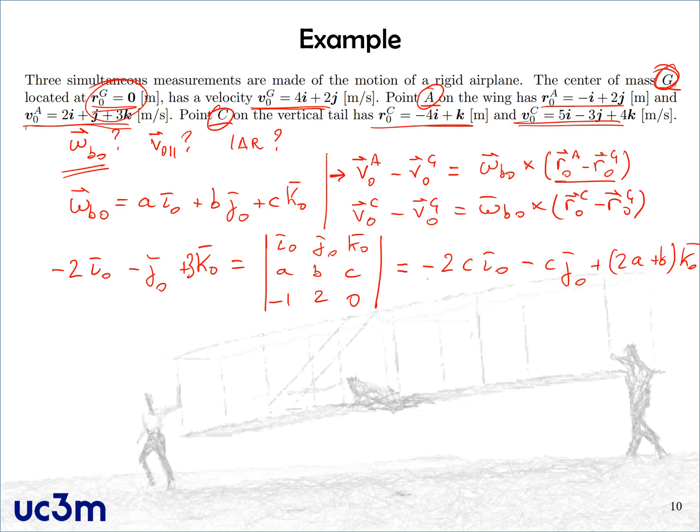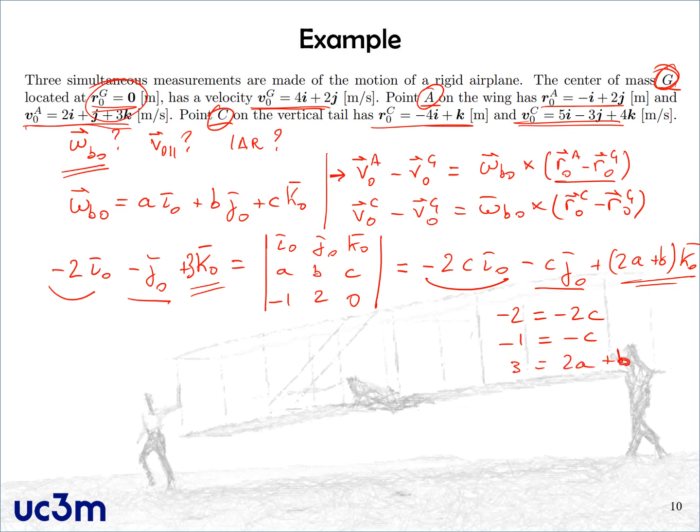All right. So we can equate the component along i, the component along j, and the component along k, and we obtain the following equations. So we will have minus 2 equals minus 2c, minus 1 equals minus c, and 3 equals 2a plus b.